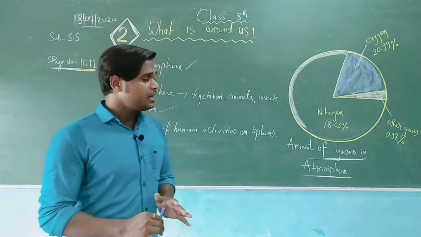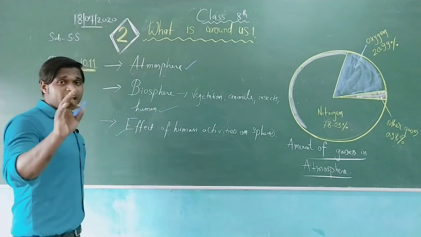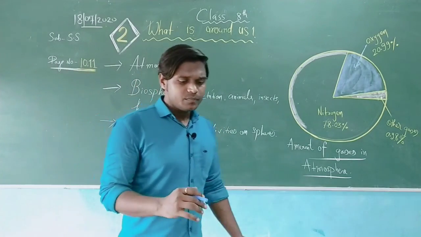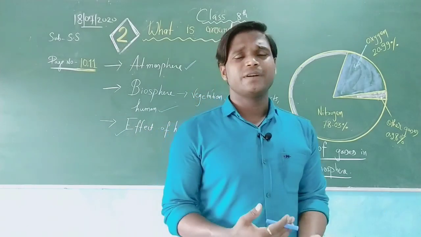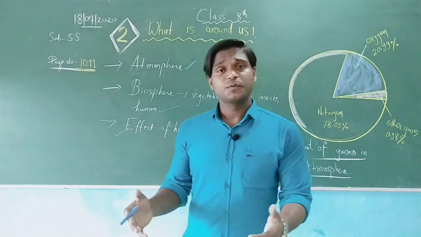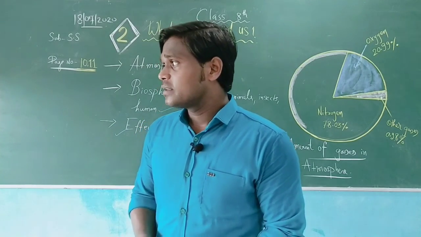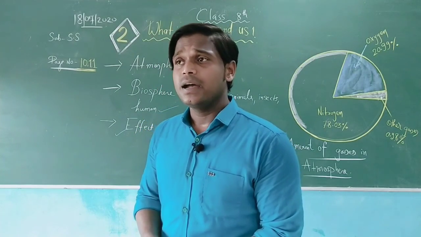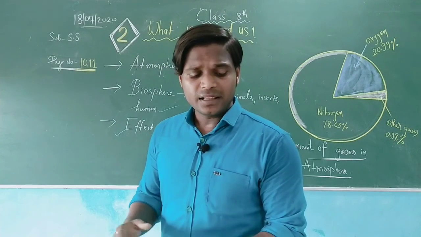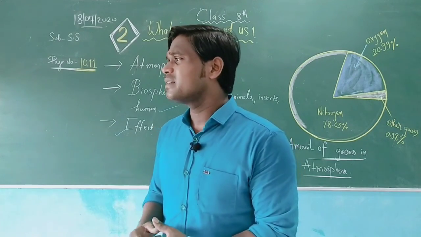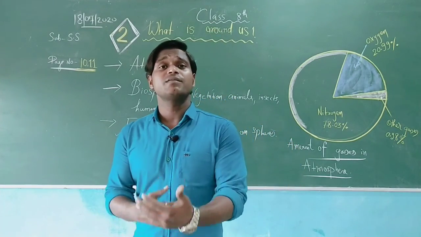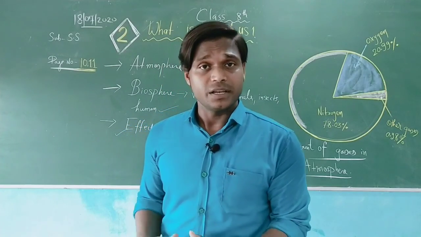So to do this, projects have been taken up. Some of the projects are, for example, Save Trees, the Chipko Andolan, Save Ganga River Water in India, Save River Water, and then Go Green. Like this, many other projects are working to save nature.